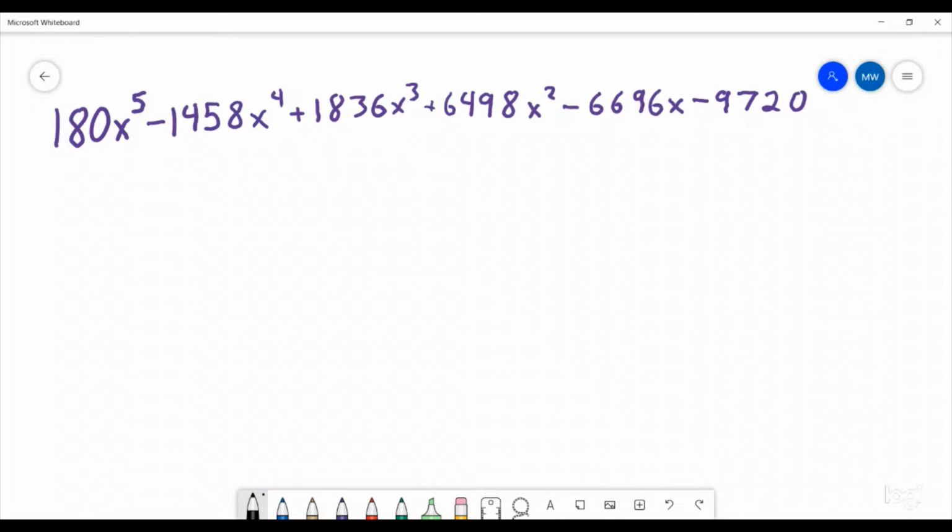So the first thing I notice is that everything here is divisible by 2. So I would see, can I just pull out a 2 from everything?